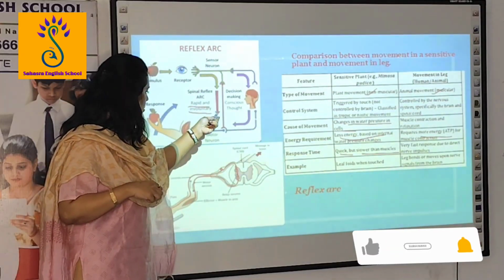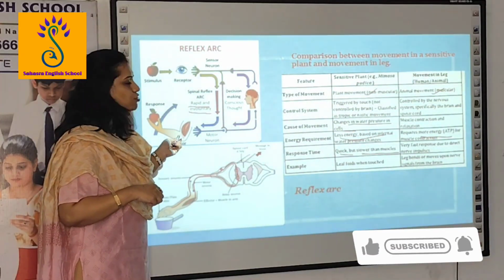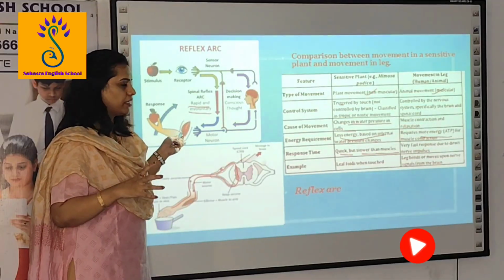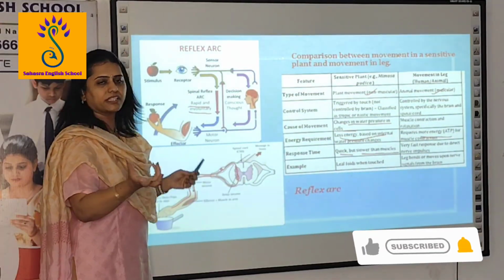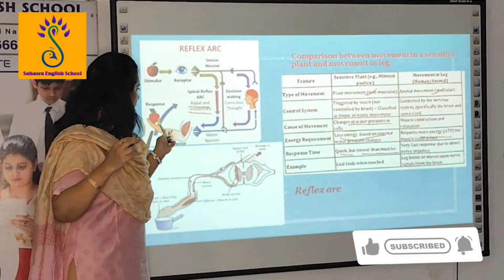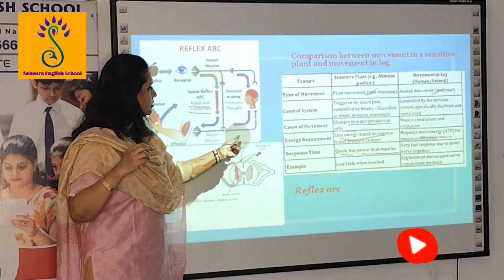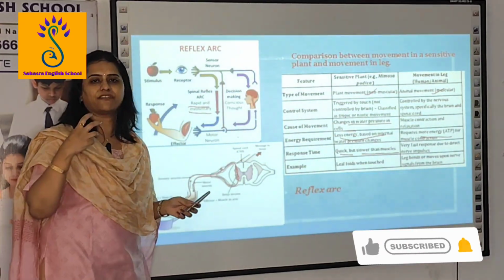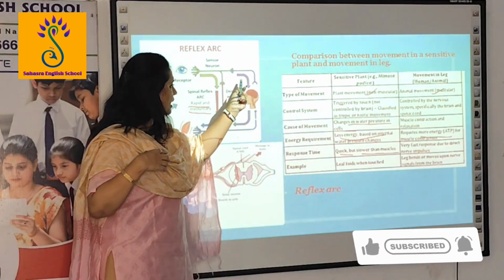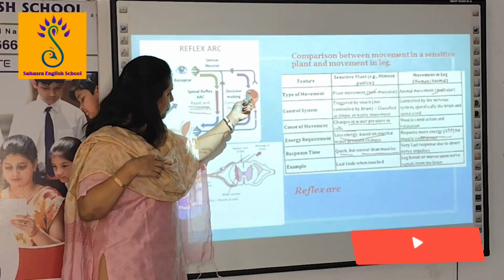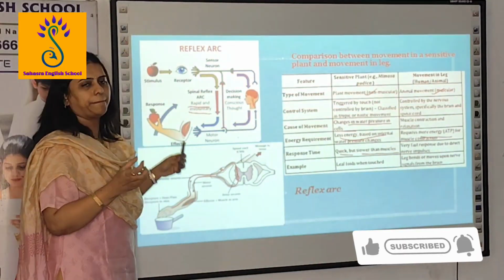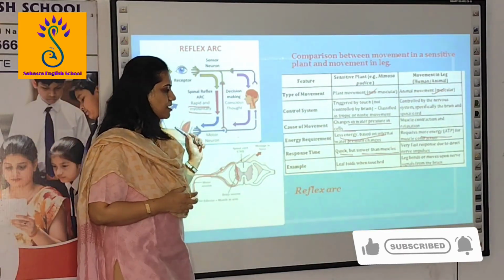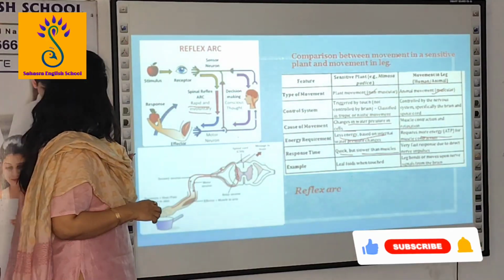Through the motor neuron, it goes to the effector organ, that is a muscle, and the response is withdrawal. Here the process is going on for the decision whether to have it or not. This is decision making. It further goes to the brain. If you want it, you will pick up the apple and have it. This is the reflex arc. I explained it. Okay.